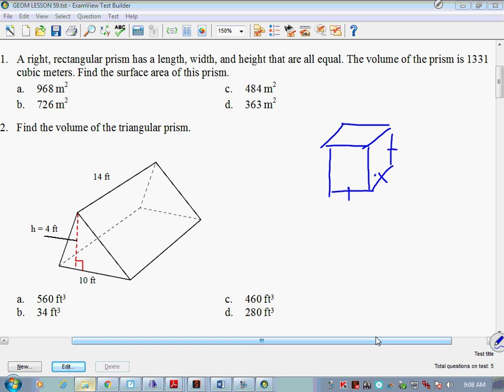So in a cube, volume is found by side cubed. All right, so what we know is that 1,331 equals side cubed. So if I want to find the length of one side, I have to cube root 1,331 to find the length of one side.